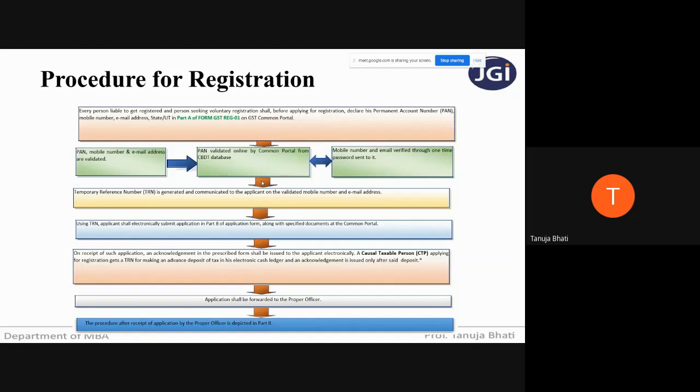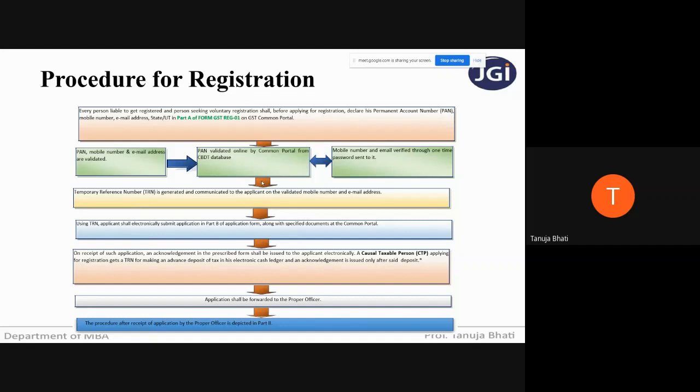Once the PAN number, mobile number, and email address are validated, a temporary reference number will be generated, and this number will be given on the mobile number and email address that have been provided. Now using this temporary reference number, the applicant has to fill an application in Part B along with specified documents and upload it on the common portal.